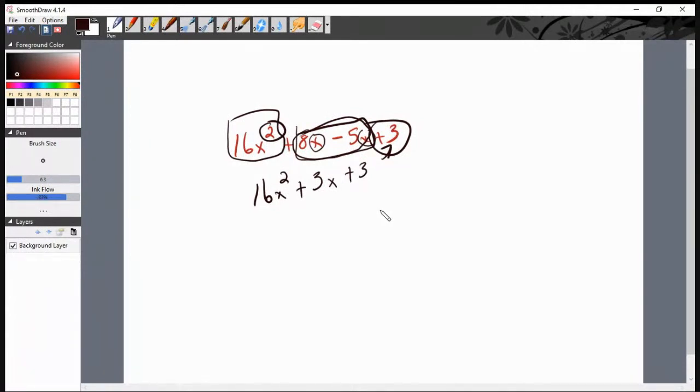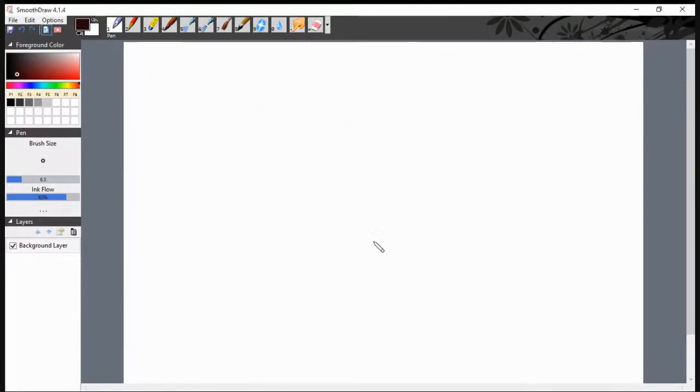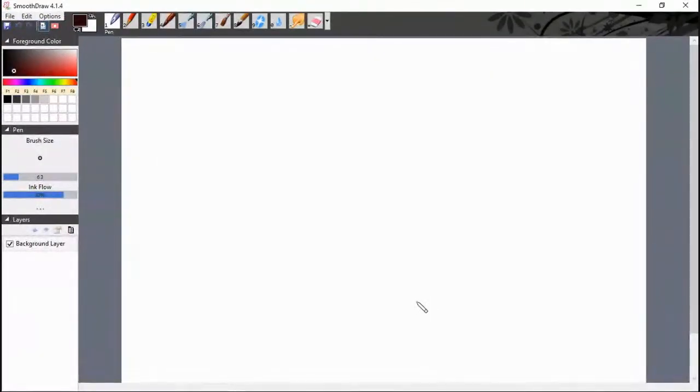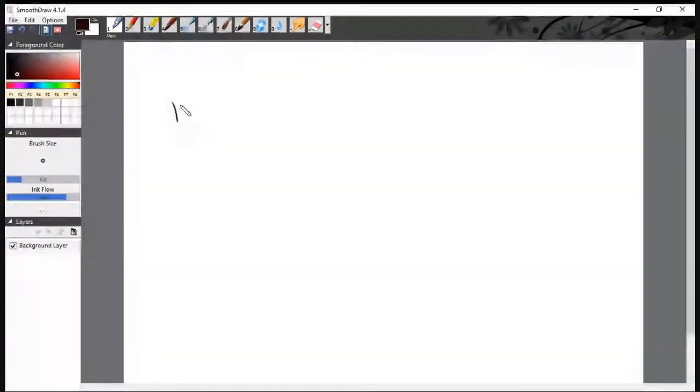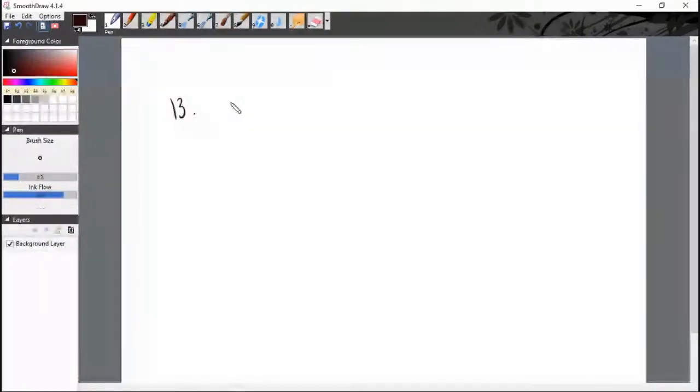Now let's look at one more just real quick, number 13. 14 plus 8n to the 5th power, minus 17 minus 6n to the 5th power.